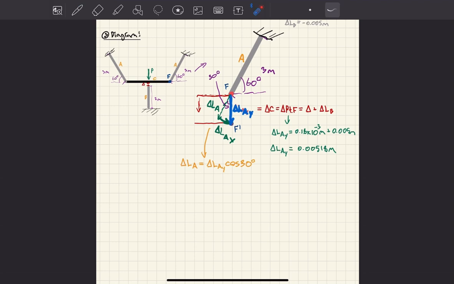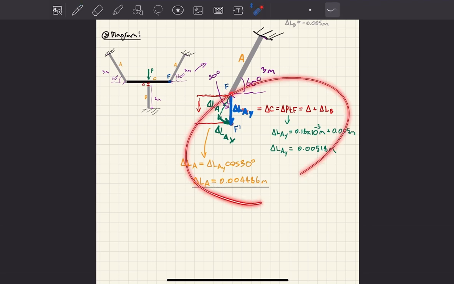And if you were to look at it, this angle would be 60, so cosine of 30 and sine of 60 are the exact same thing. Either way, you get it right. If you do this calculation, you end up getting that the axial change in length of bar A is equal to 0.004486 meters. Perfect.